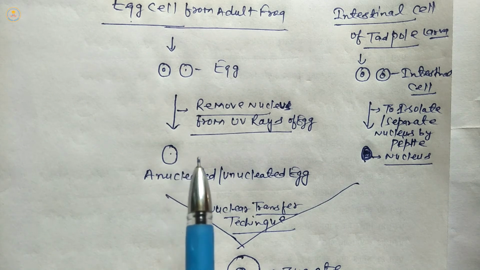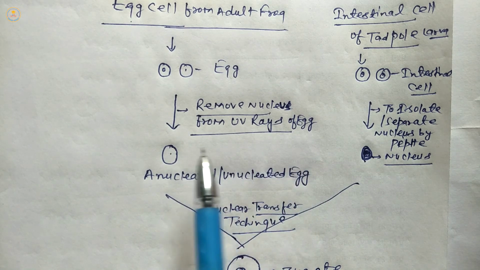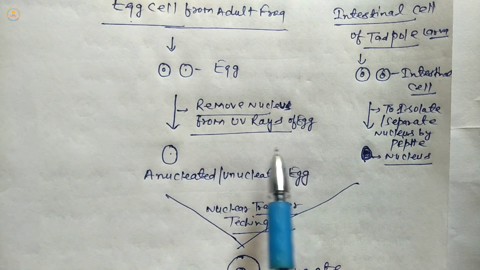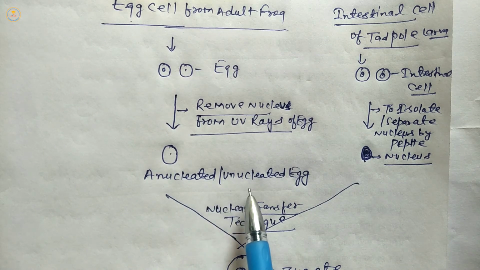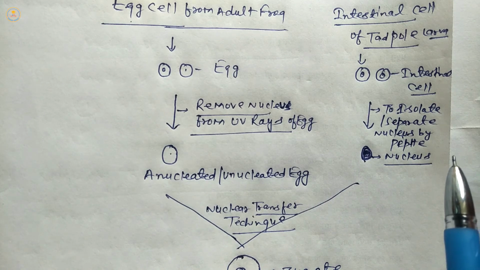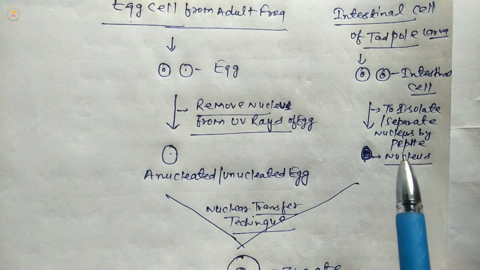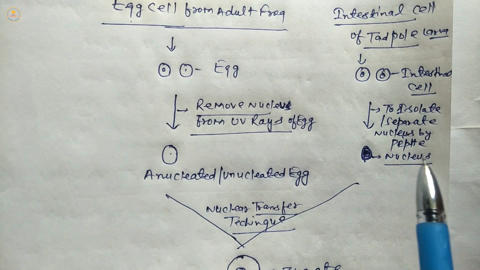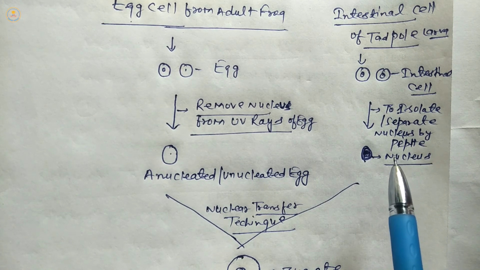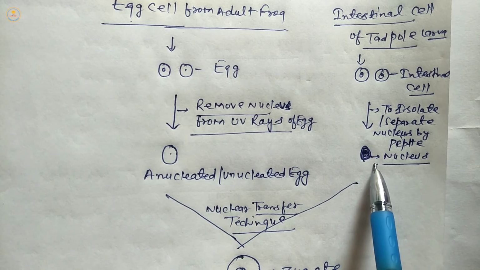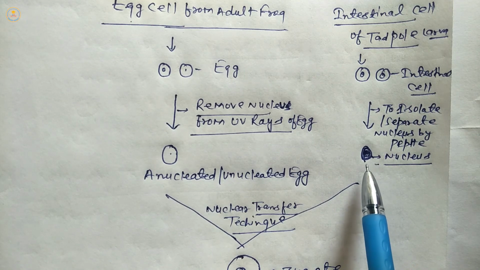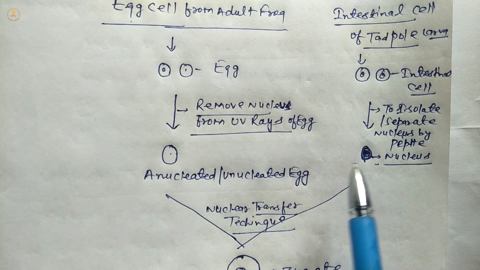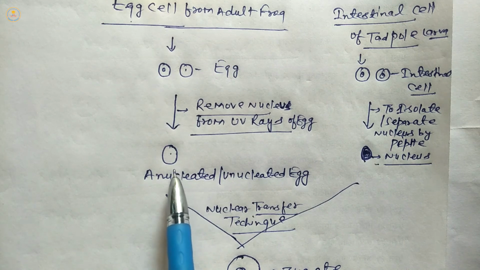Next, remove the nucleus of the egg by UV rays to get an anucleated egg. Next, isolate the nucleus of the intestinal cell by pipette. Next, transfer the nucleus into the anucleated egg.